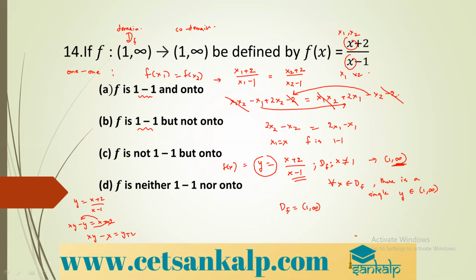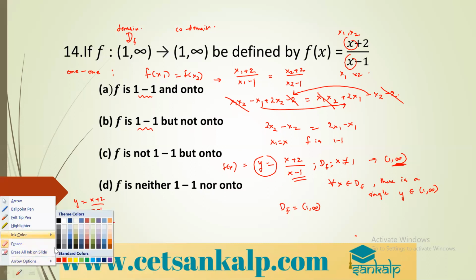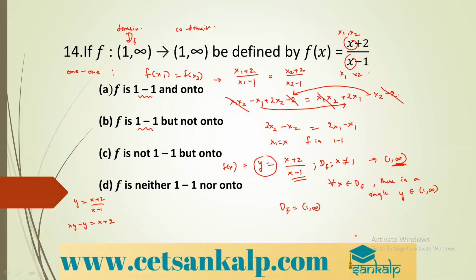I will repeat this step if it is not okay. So first of all, I am cross multiplying. You can see I have cross multiplied. Carefully see what I did. I did xy minus y equal to x plus 2. Then I brought xy minus x, and then I took y plus 2 here. So that I will take x common, x times (y minus 1) equal to y plus 2, or x equal to y plus 2 by y minus 1.